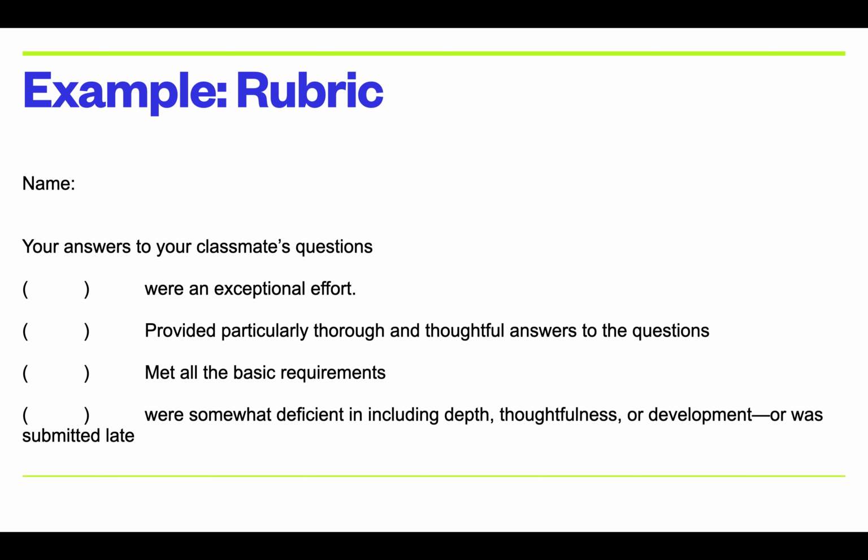Everything that met the basic requirements follows the B plus, and when I do that effort-based model, that B plus area is a pretty broad category of doing that, and then deficient as well speaks for itself.